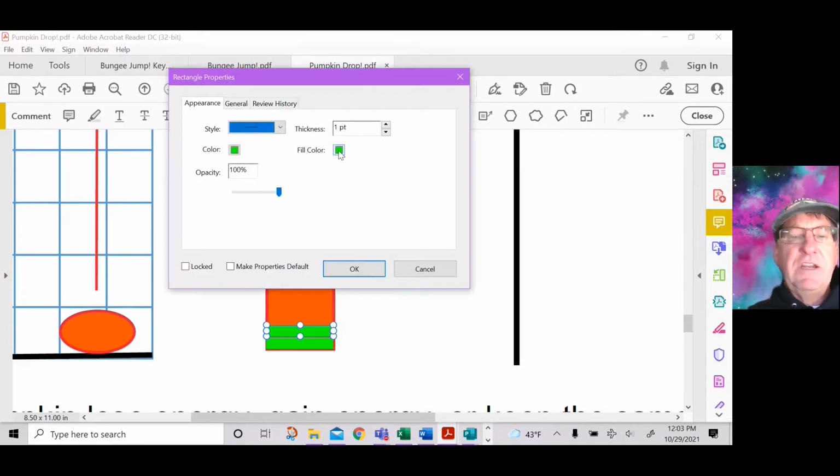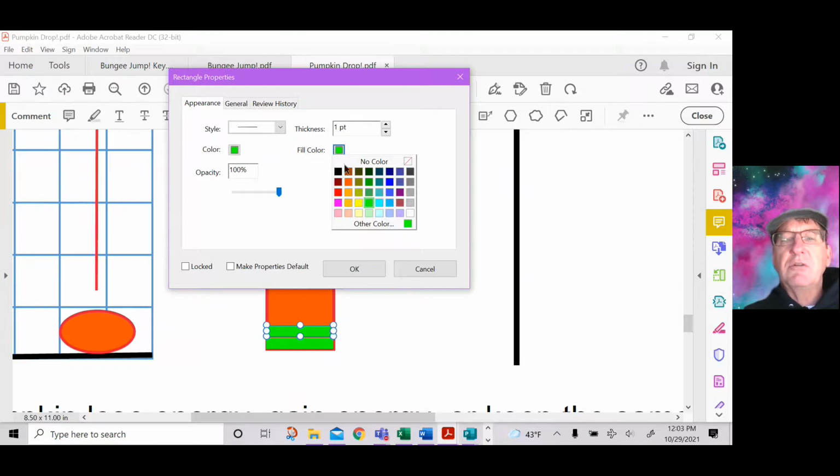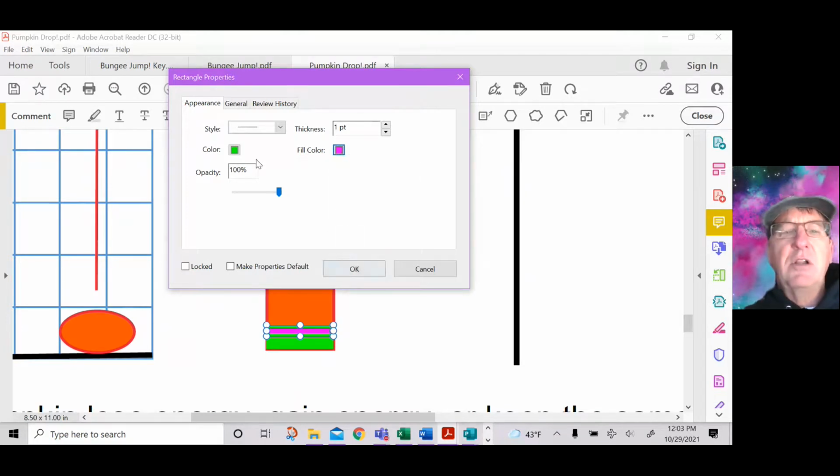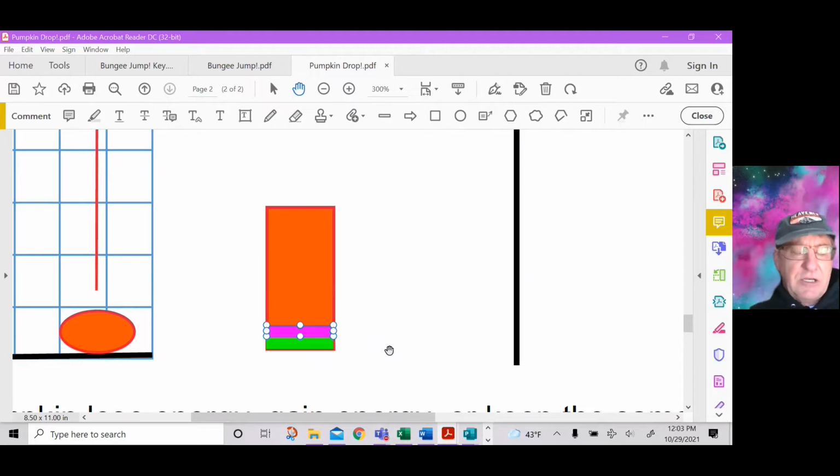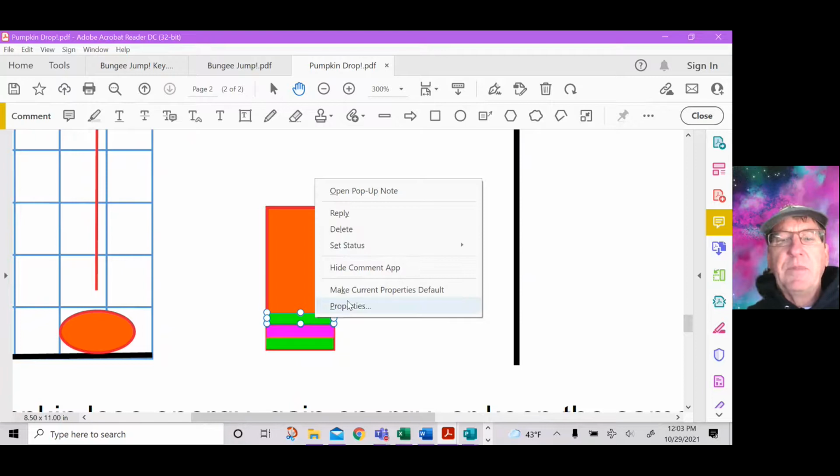But we haven't been given any information about how much energy was used. I'm going to make this one be this kind of purplish color, both the inside of it and the border of it. So there's my second kind of energy that was lost. I'm going to paste that bar again, and really these would not be exactly the same size. It'd be awesome to make them correct, but we're not going to worry about it.